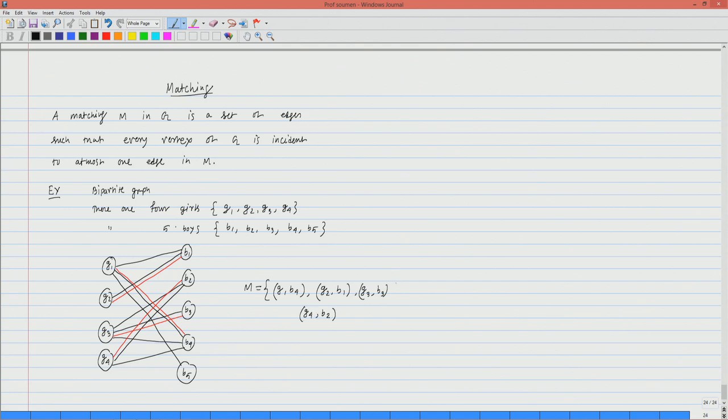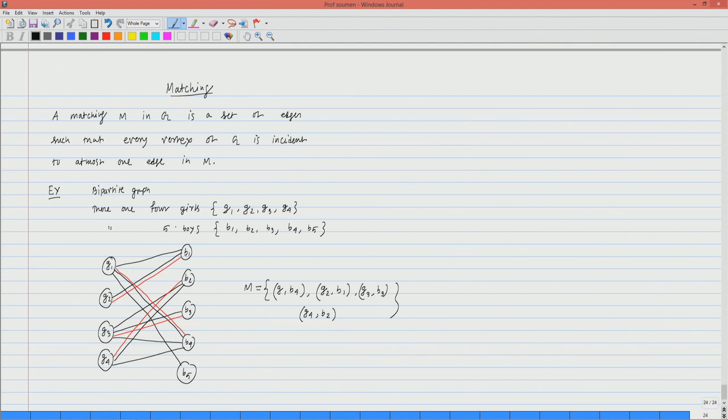I am just omitting the commas here. So, this is a matching and it satisfies the property of a matching that every vertex is incident to at most one edge in M. So, these are the edges in M.